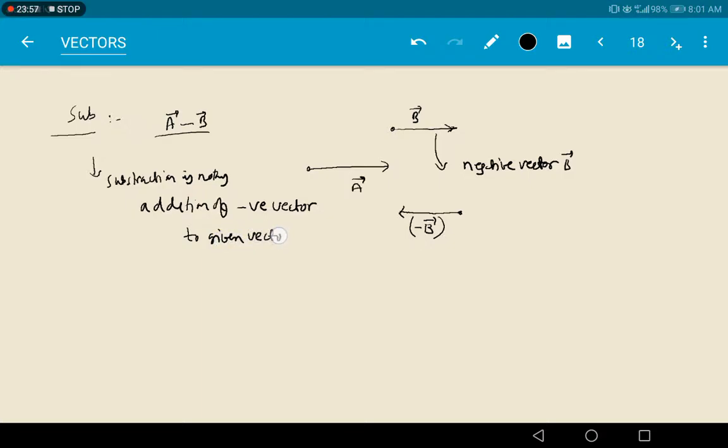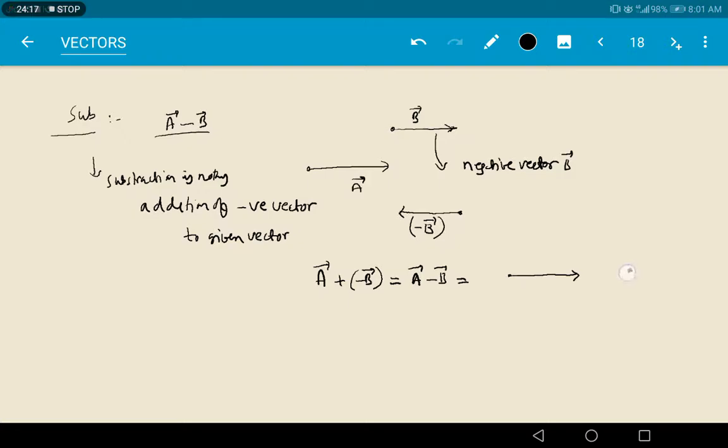To that vector we should add the negative vector. That means a bar plus of minus b bar, we are going to get a bar minus b bar. The sense of adding is the same.